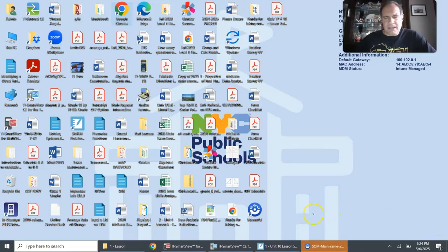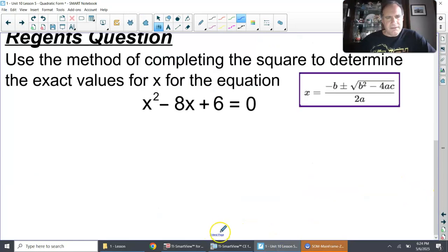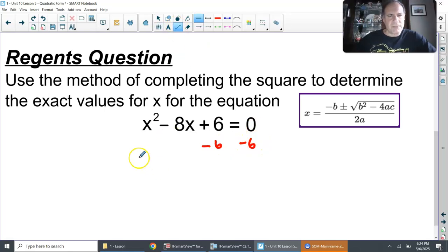So use the method of completing the square. That's going down right here. Completing the square to determine the exact values for x for the equation. So remember, completing the square has a little bit of a different thing to it. And you do have to add 6 to both sides. You have to get that constant over to the right side in completing the square.